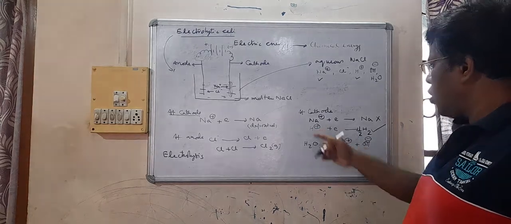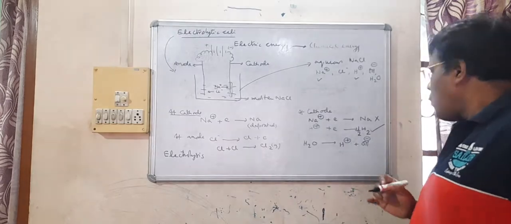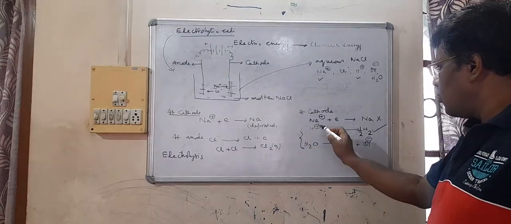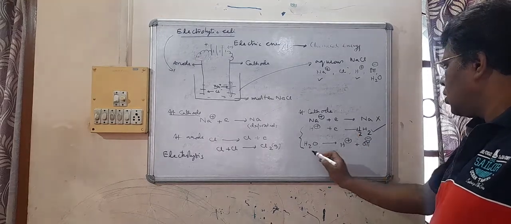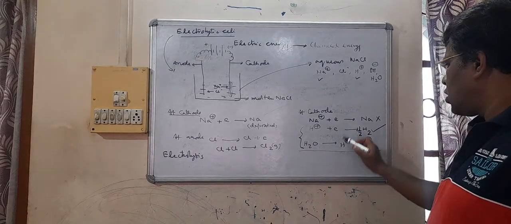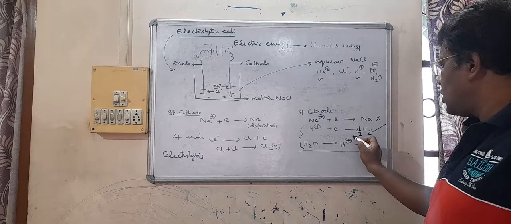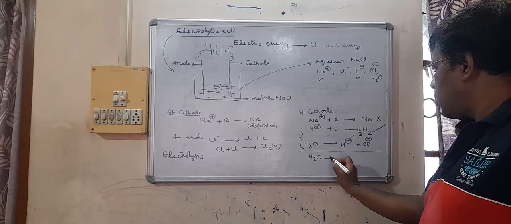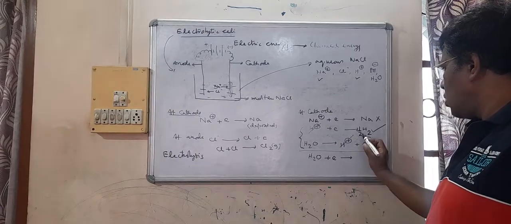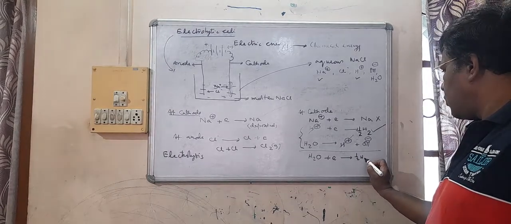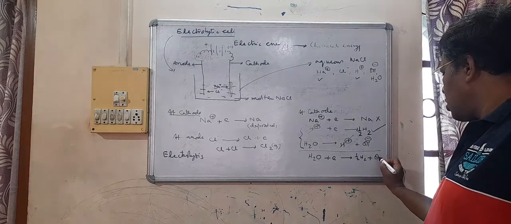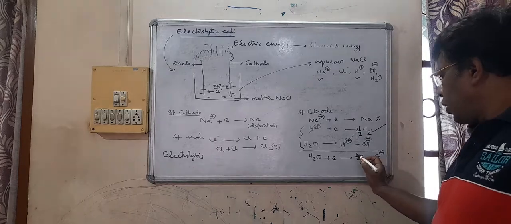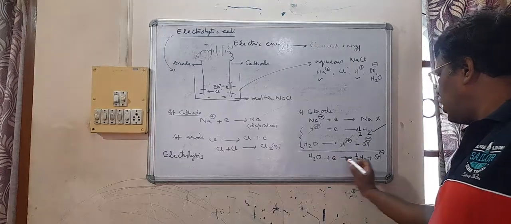If we add these two equations, the H+ cancels. So H2O plus electron gives half H2 plus OH-. To get rid of the fraction, we multiply both by 2.